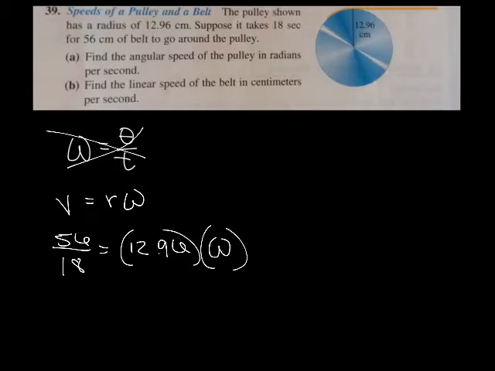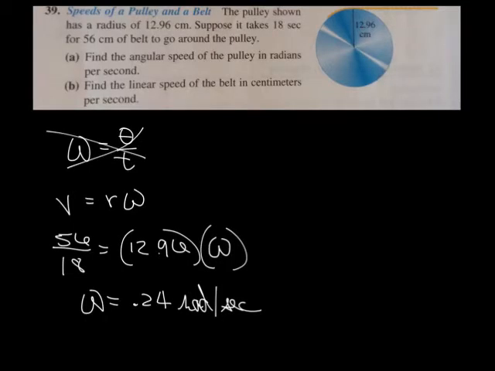What we don't know is our omega. So if we put that formula in there, we can find our omega, and if we do the math, it's going to be 0.24 radians per second. Okay, so see how I had to kind of go through the back door to get this. I wasn't able to use the angle formula because I wasn't given anything about the angle.